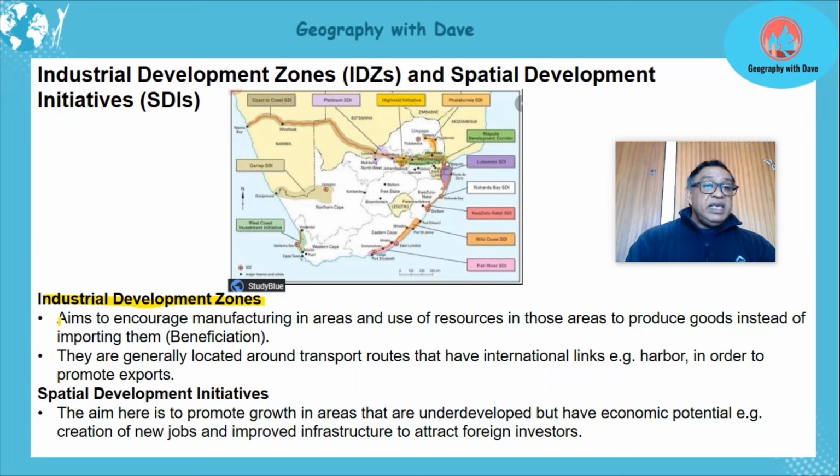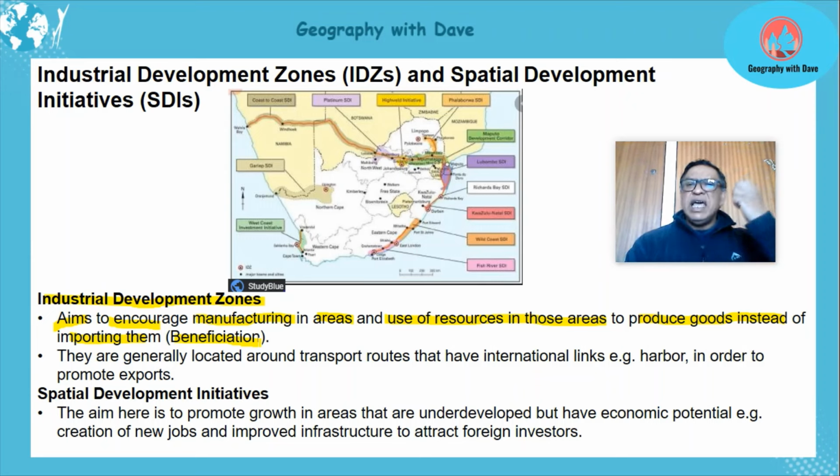Here the aim is to encourage manufacturing in areas and use resources in those areas. Resources mean the natural resources and the human resources, all used from those areas, to produce goods instead of importing them. Beneficiation. That is the aim.